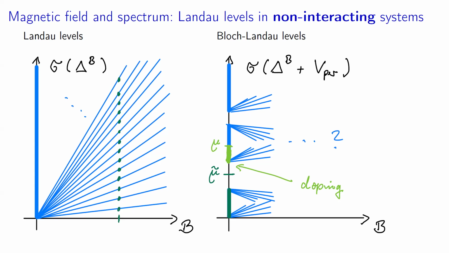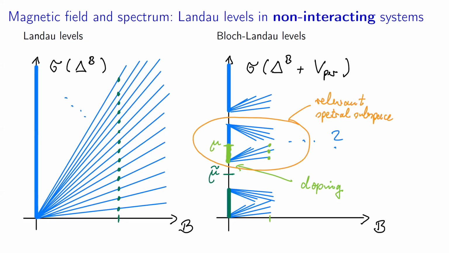They fill up part of the next Bloch band, and then we apply a magnetic field. So we are in this situation where we have one Bloch band and these Landau levels within the Bloch band. And the idea is that the plateaus in the conductance appear when a finite integer number of Bloch bands is completely filled and all the others are empty.